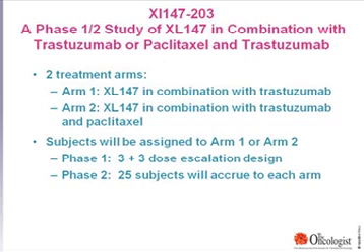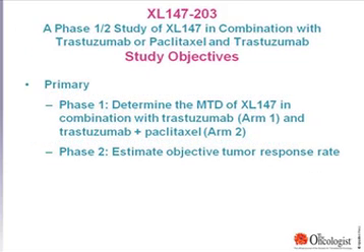And then the last study is in patients that have received trastuzumab and have failed. Again, a 2-arm study with XL147. We have arm 1, in which we're comparing XL147 in combination with trastuzumab, and arm 2, in which we are studying the combination with trastuzumab and paclitaxel. These are important questions.